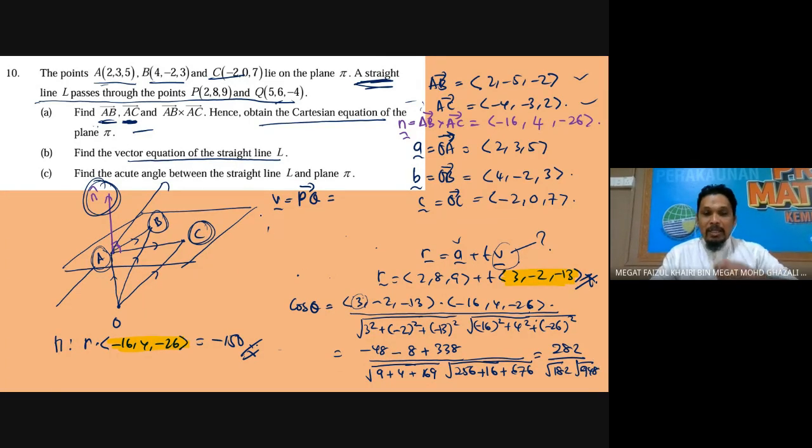So, theta equal to cos inverse of 282 divided by square root of 182 and square root of 948.